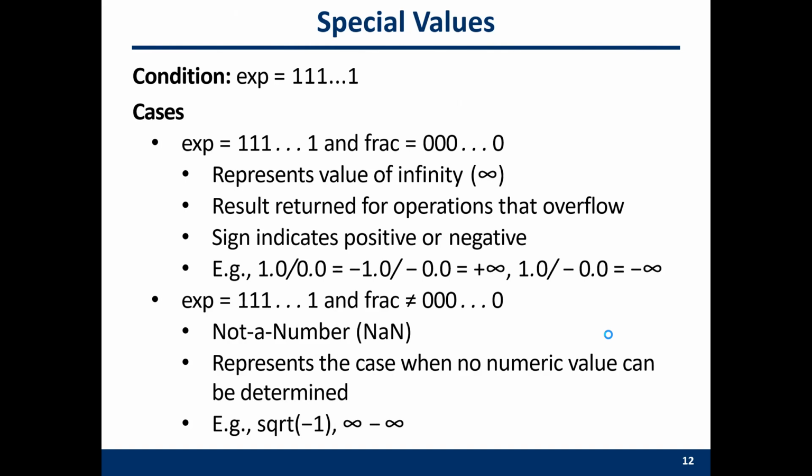So by different values of EXP, we can divide the IEEE standard format into different cases. The most common case is when EXP is not all zeros and not all ones.